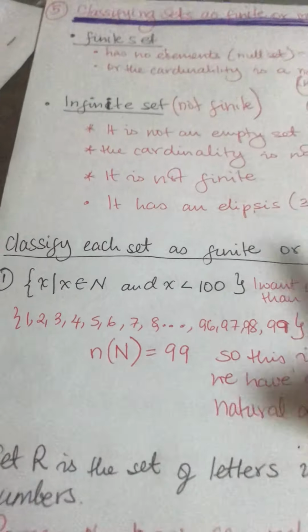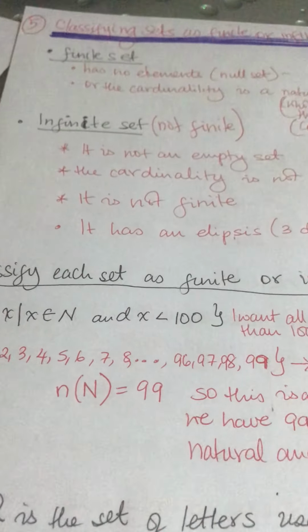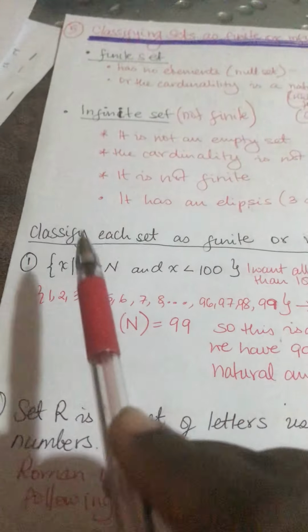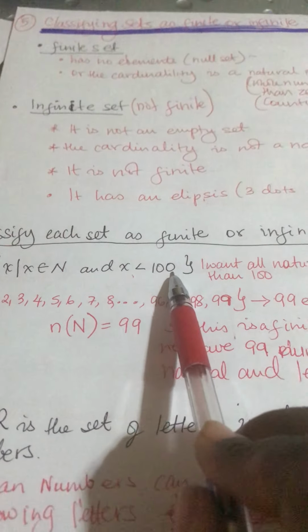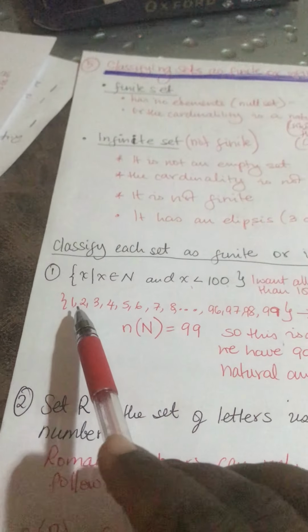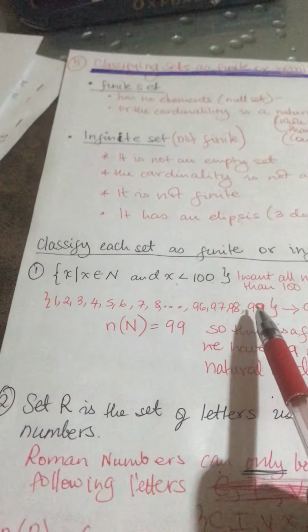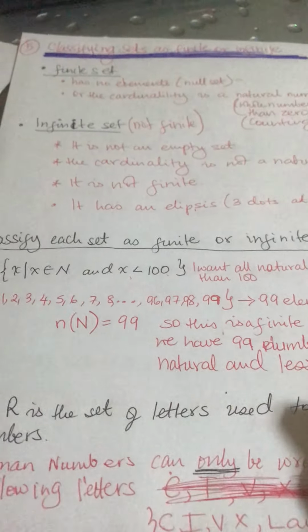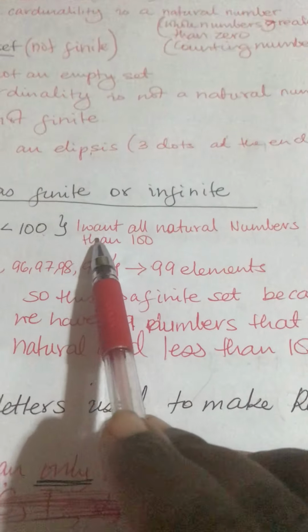Is it list? Is it descriptive? Is it set builder? You need to know. All right. I need an element x, where x is a natural number, and x has to be less than 100. So it is all the whole numbers from 1 to 99.